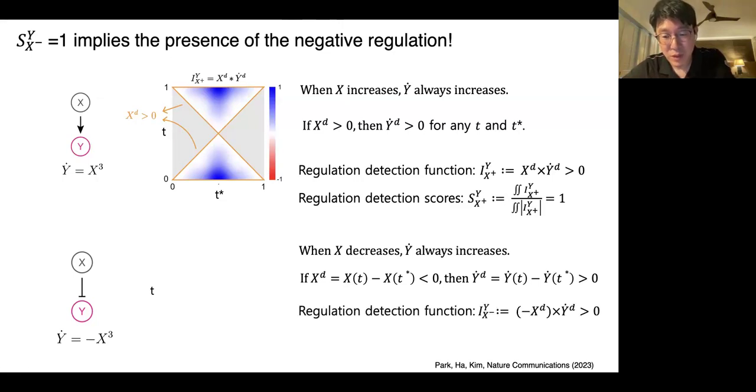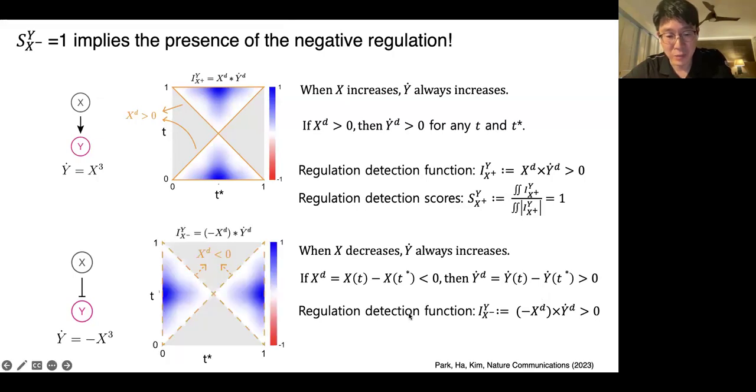That means minus xt times y dot t should always be positive. And let's see if this is really so for the regulation detection function. If we draw it in the domain where the x difference is negative, you can see that it is again always positive. So the regulation detection score becomes again 1.